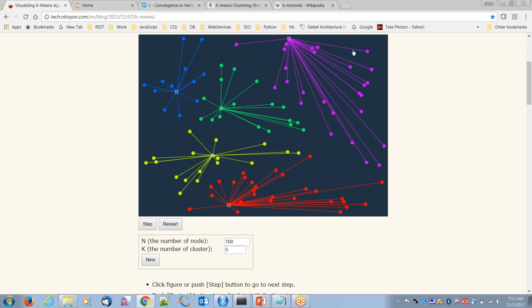In this purple cluster, definitely our initial choice of the cluster center is not the perfect choice. So what I mean to say is that this is no more the cluster center. Maybe some point here or some point here will be the actual cluster center, right?